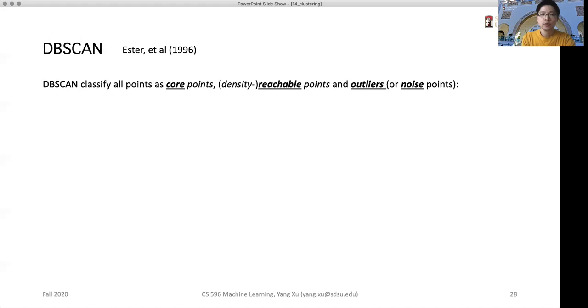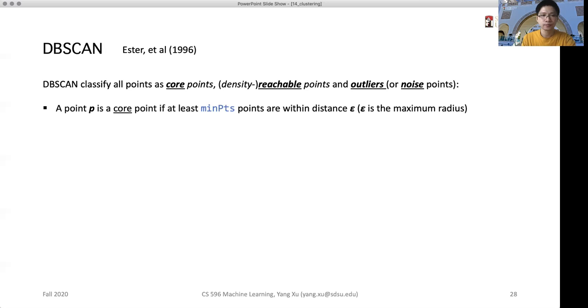Okay, so it was proposed in 1996, and basically it classifies all the points into three types: either core points, reachable points, or outliers. And the outlier is sometimes also referred to as noisy data points.